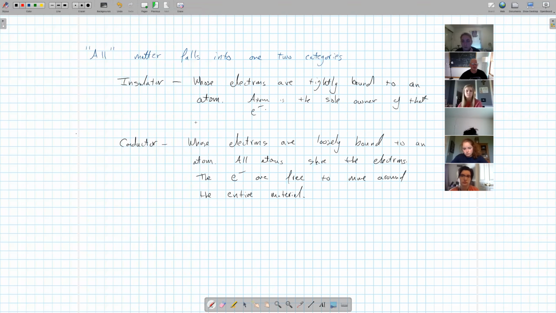Here, the material will slightly polarize. Again, if here's my material, my insulator, I'll get positive charges, and then a small charge separation with the negative charges, which is what we call polarization.